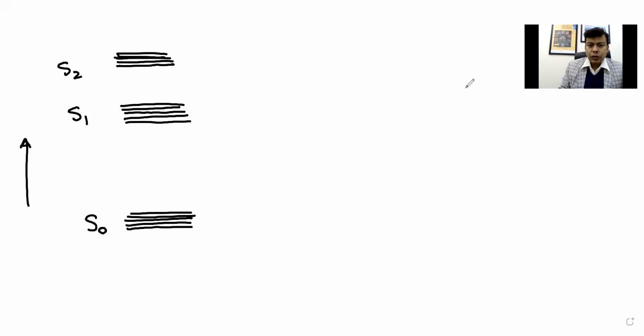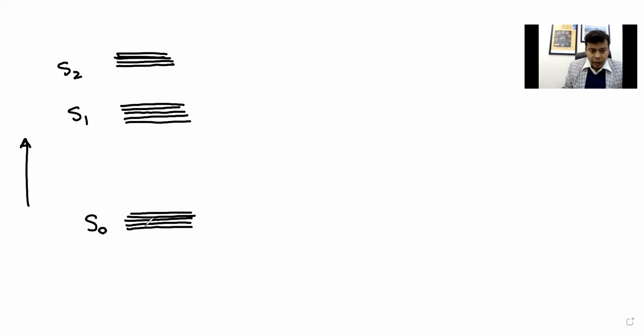Okay, and of course, as I've already mentioned, and many of you already know, femtosecond is basically 10 to the power minus 15 seconds, which falls in the regime of ultrafast. Okay, and then you have got picoseconds, which is 10 raised to the power minus 12. Then you have nanosecond, microsecond, millisecond, and then second. So that's how they are separated.